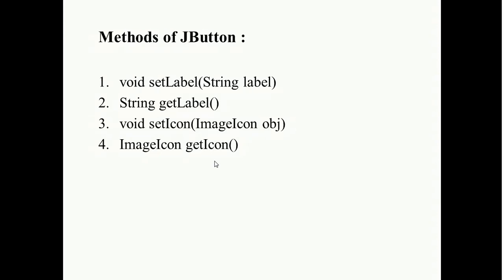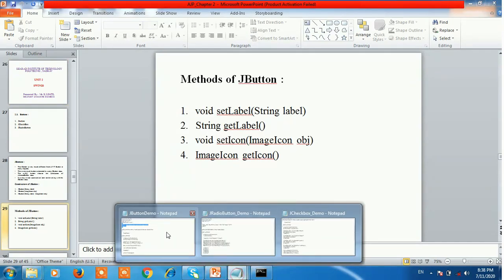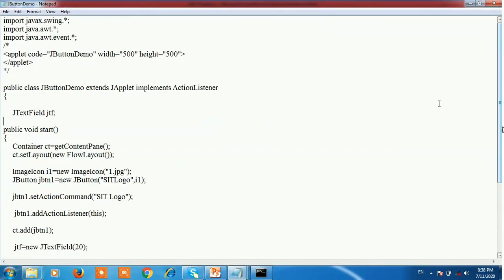These four are the methods of the JButton. Now see one example of the button. See here, this is an example of the JButton. First import the packages: import javax.swing.*, import java.awt.*, and import java.awt.event.*.